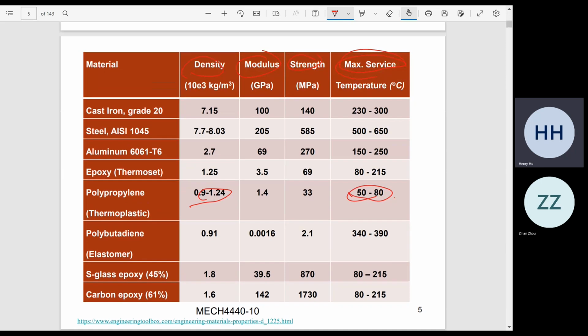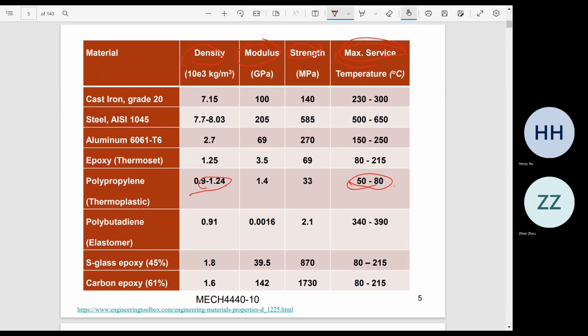Okay, so this table gives you some detailed information about the properties in terms of density. This is basically 10 to the 3. Okay. So density wise, very light.